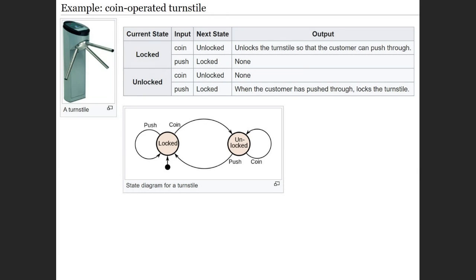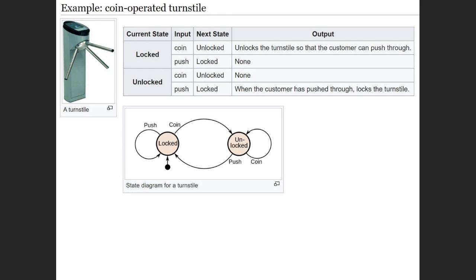The state diagram of such turnstile machines is here. So we have two states, locked and unlocked. If we push the machine, so the push is an input acting on the locked state, it's back to locked, doesn't help. Pushing the locked machine does not help at all. If the machine is unlocked, we enter the coin, it's still unlocked.